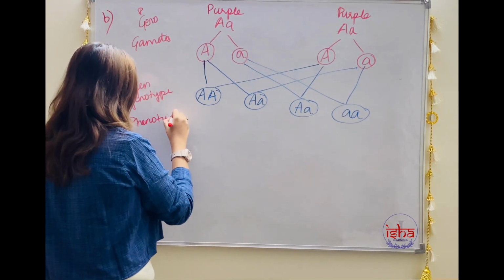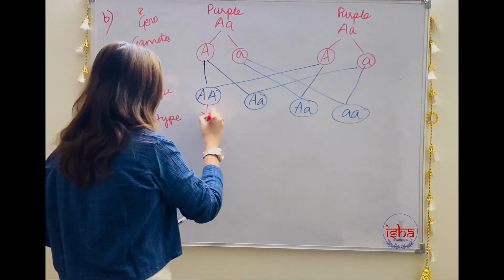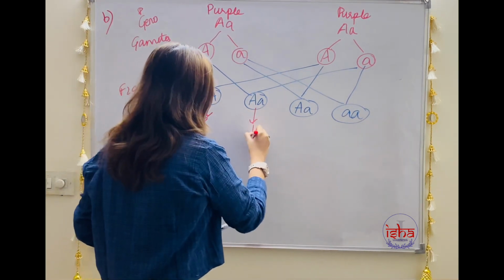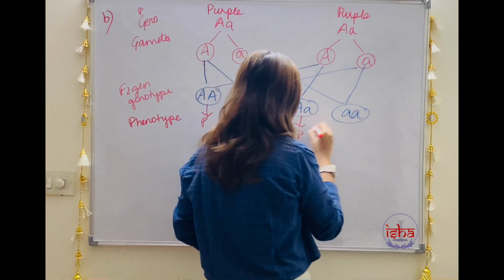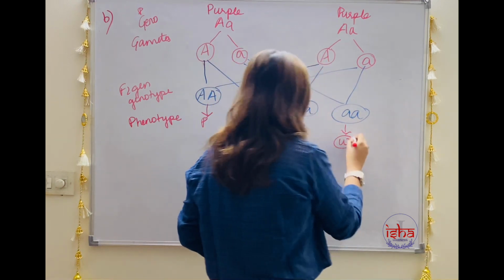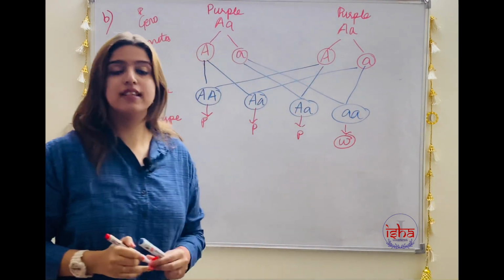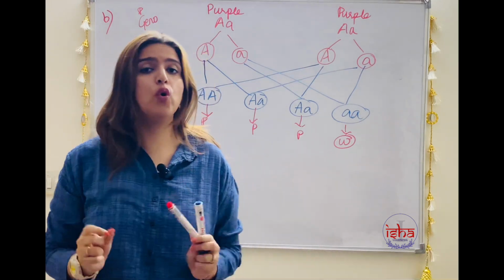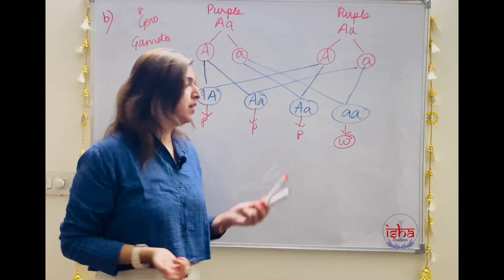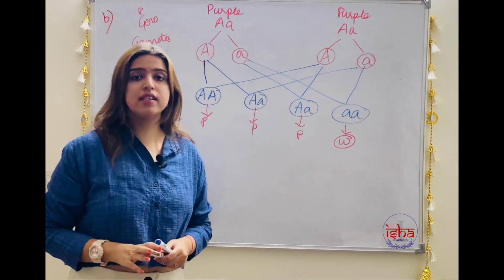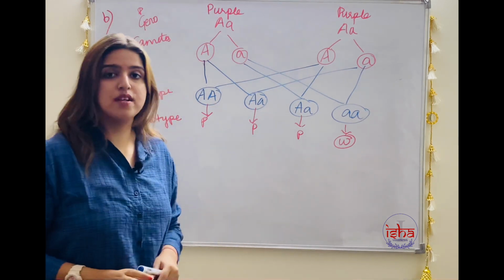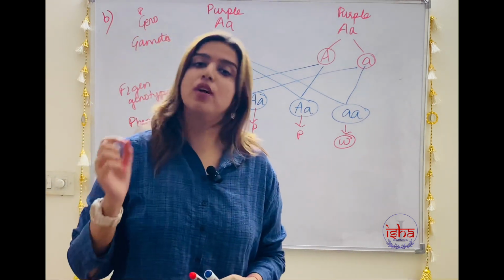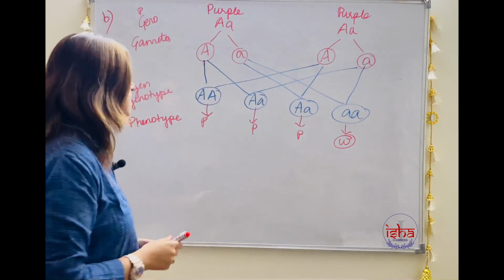The phenotype for the F2 generation is purple and white. White is the recessive character and is only going to be expressed when both the alleles are of the recessive type. Here, even though it's a heterozygous condition, one dominant allele is present. So the character is going to be of the dominant type. So this is the phenotype.